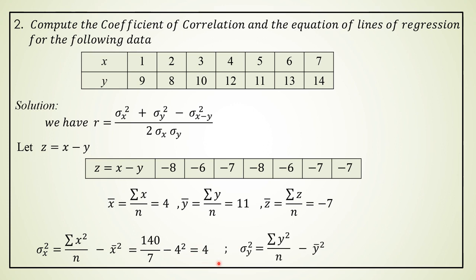Similarly, sigma y square is given by the summation of y square divided by n minus y bar whole square, which is equal to 875 divided by 7 minus 11 square. y bar over here is 11. So that you are going to get the square of the standard deviation of y to be 4.